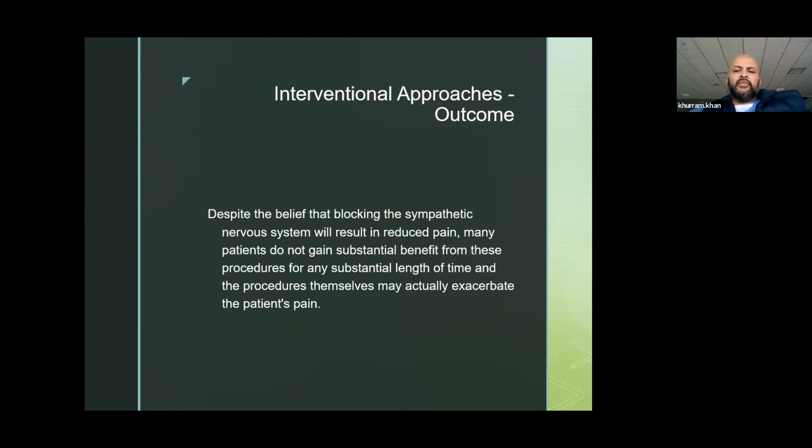A lot of people get substantial benefit, but not all of them actually get benefit from the sympathectomy, whether pharmacological or surgical. Because if that was the case, sympathectomy would have been the procedure of choice, but it is not true.